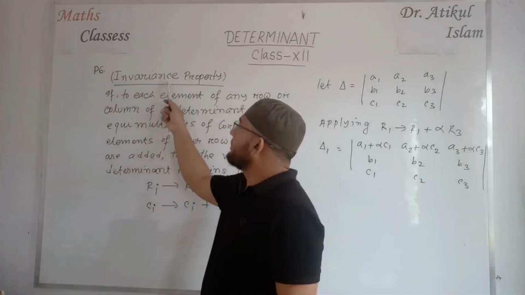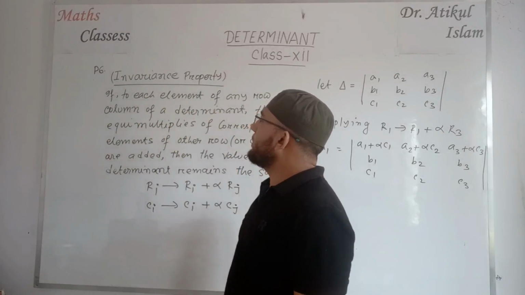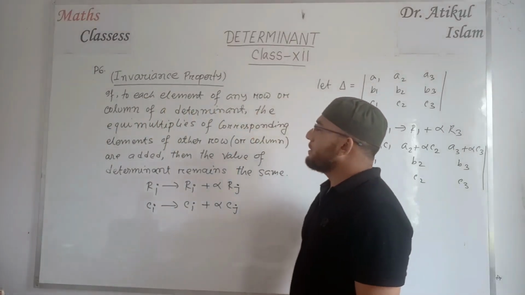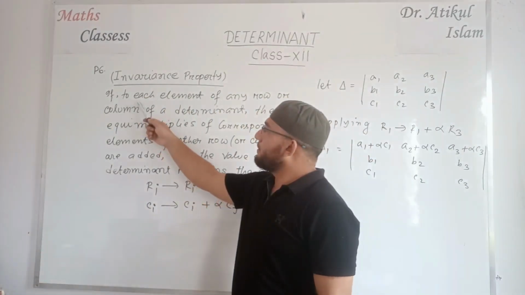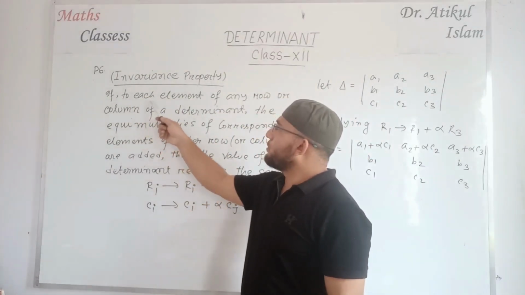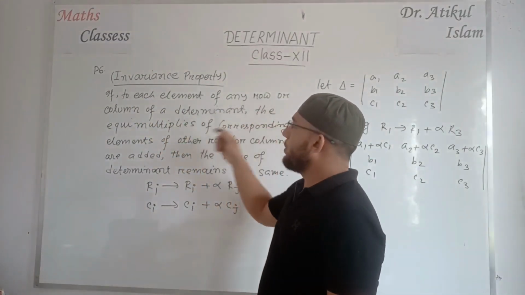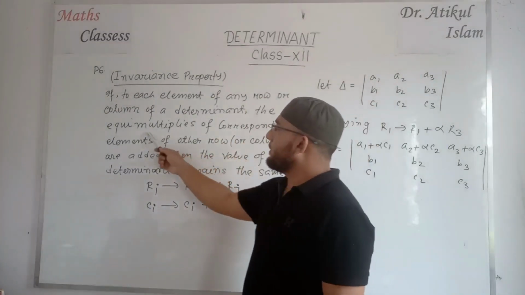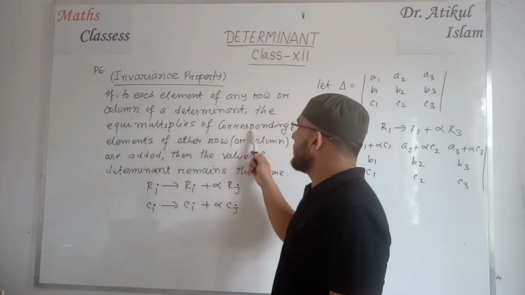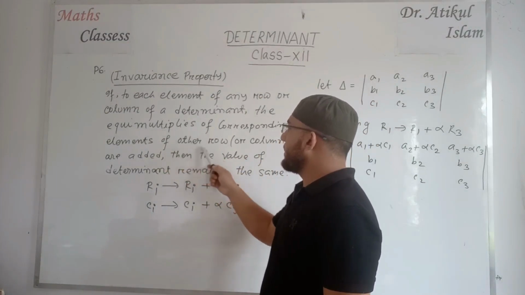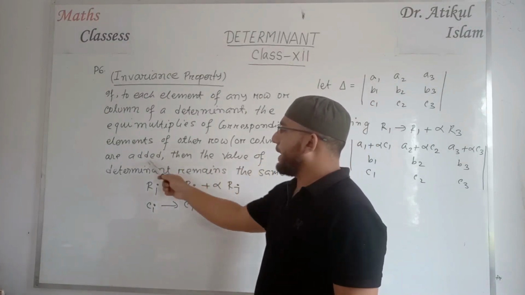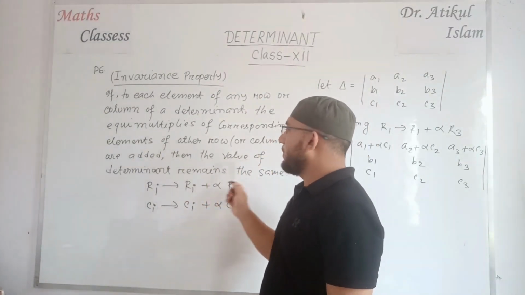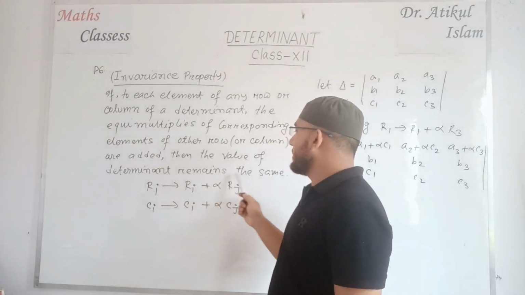Property 6, which is the invariance property. In this property, if to each element of any row or column of a determinant, the equivalent multiples of corresponding elements of another row or column are added, then the value of the determinant remains the same.